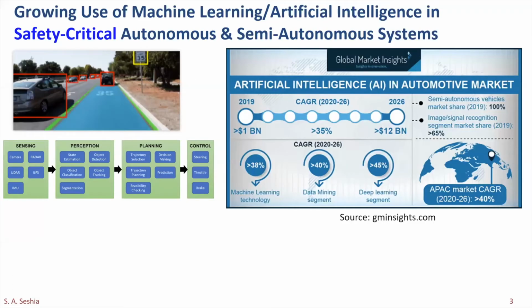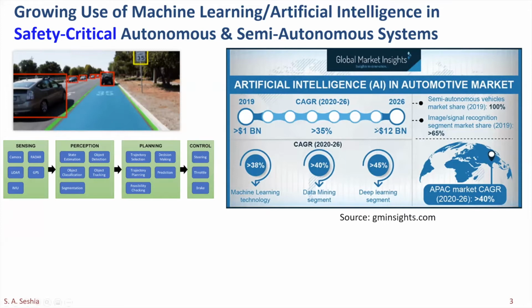And so in particular, a lot of these machine learning and AI components are being integrated into safety critical autonomous and semi-autonomous systems. An excellent example of this are automotive systems, where, as you can see, there's a growing use of things like deep neural networks in various aspects of autonomy in these kinds of systems.